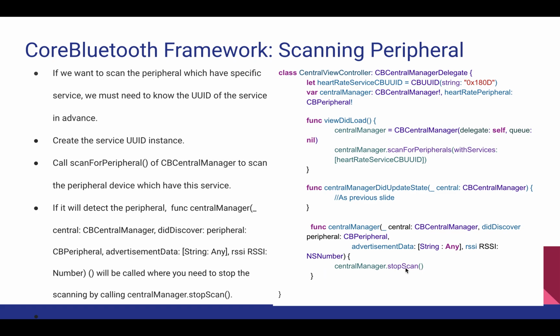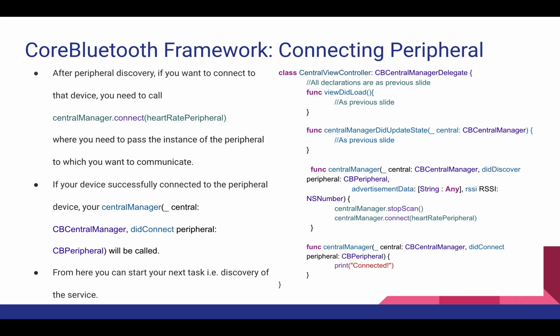Okay, now this scanning process has been completed. Now we need to move to the connection phase. The second step of the workflow was connecting to the peripheral. Here we describe how we can connect to the peripheral in CoreBluetooth.